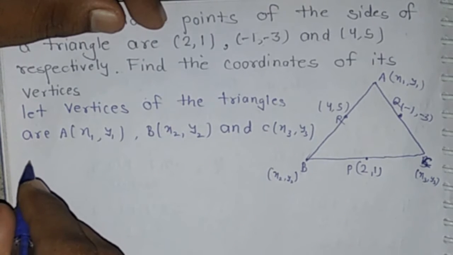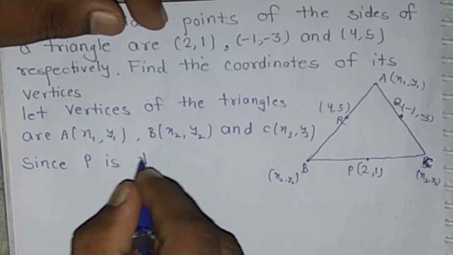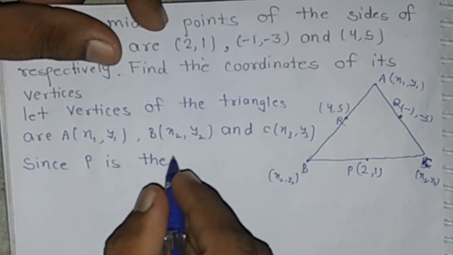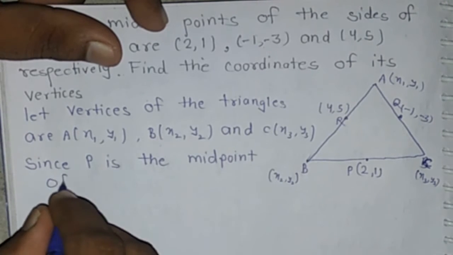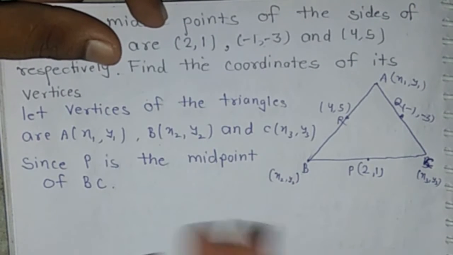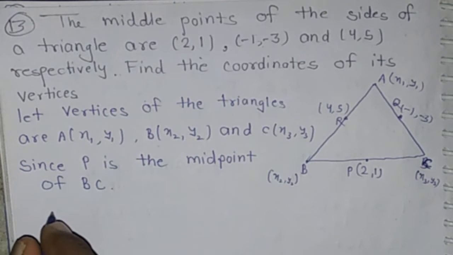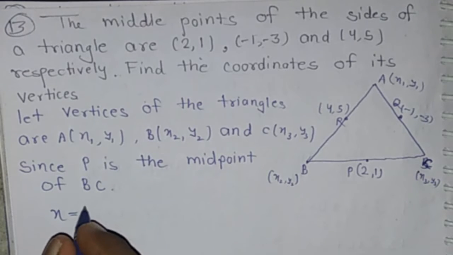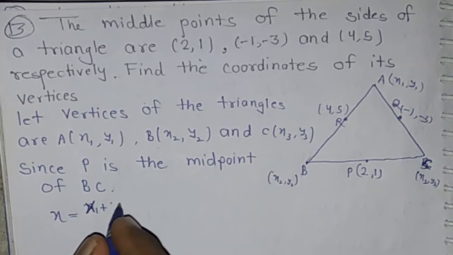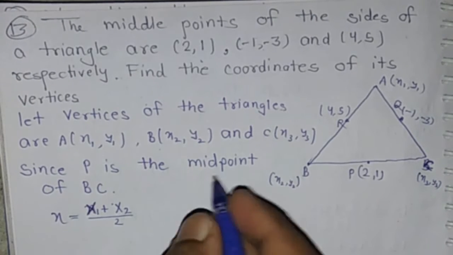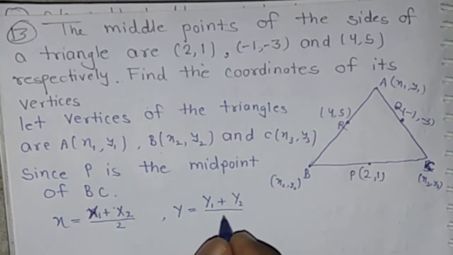Since P is the midpoint of BC, we know that the coordinate of the midpoint of a line segment joining two points (x1, y1) and (x2, y2) is x equal to (x1 plus x2) by 2, and y equal to (y1 plus y2) by 2.